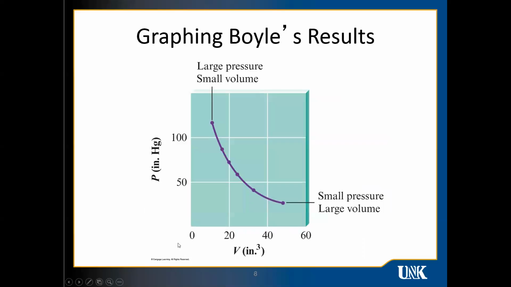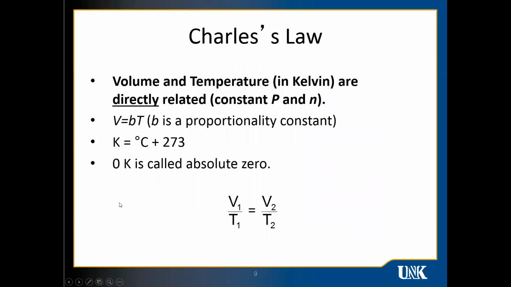When we graph this, we find that this kind of inverse relationship gives this curve, where again, higher pressure, lower volume, and then as we lower the pressure, the volume will increase. And so this type of curvature and direction represents an inverse relationship between pressure and volume.